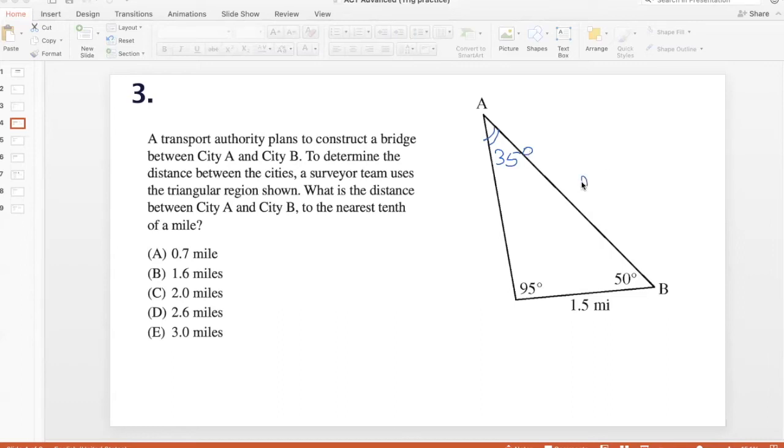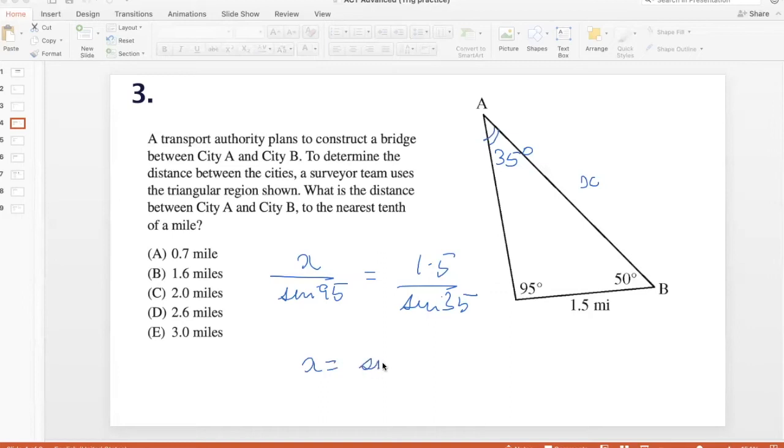Now we need to find AB. So let's say AB is X. Then by using sine rule in this triangle, I can say that X by sine 95 should be 1.5 by sine 35, right? So I'm using this side and this angle, so the sine of 95, and this side and this angle A, sine of 35.